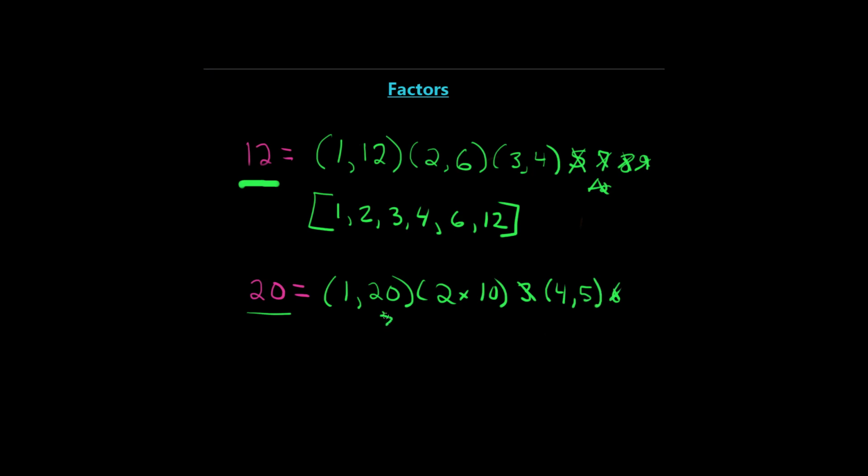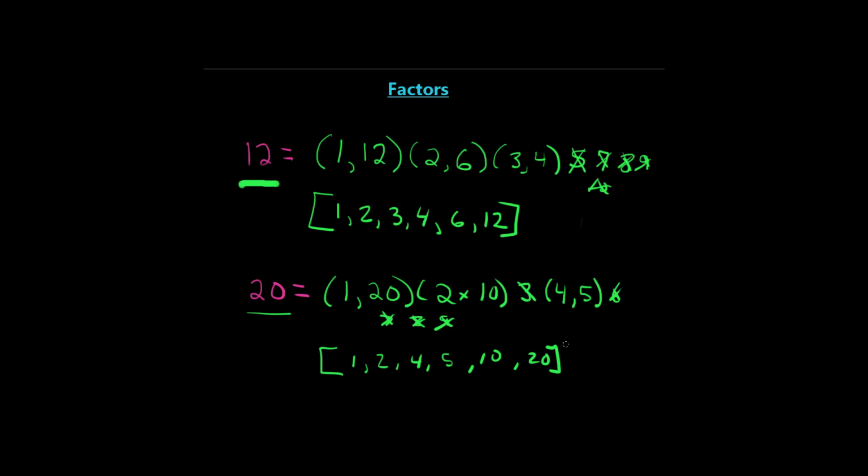What about 7? No. 8? No. 9? No. And 10 we've already used. Okay, so same way, we're going to rewrite our list here of our factors of 20 in order from least to greatest. So our 1, 20, 2, 10, 4, 5 is now 1, 2, 4, 5, 10, and 20.